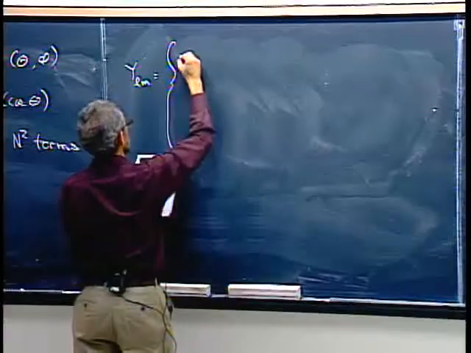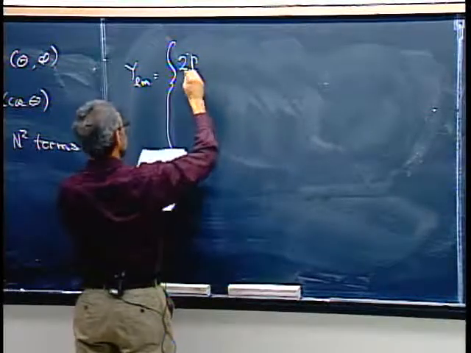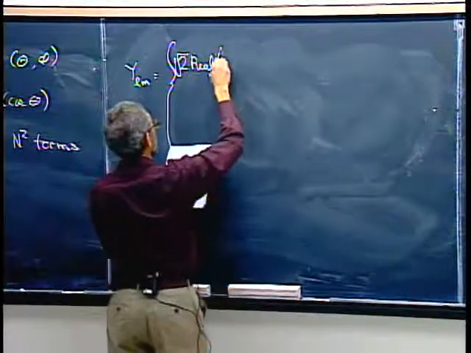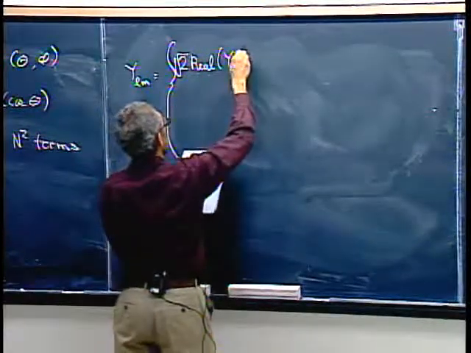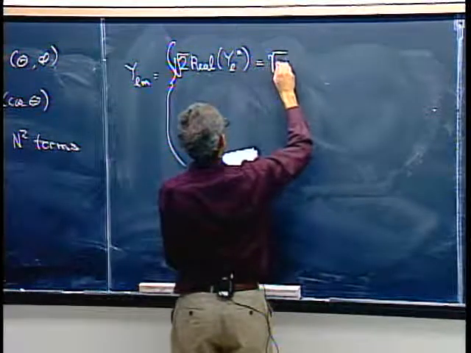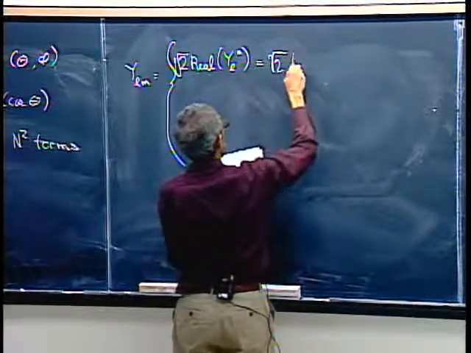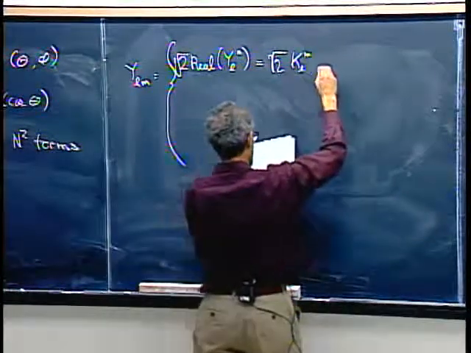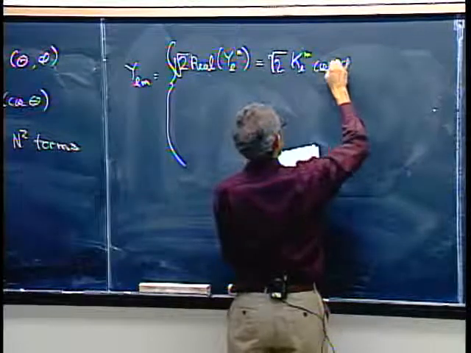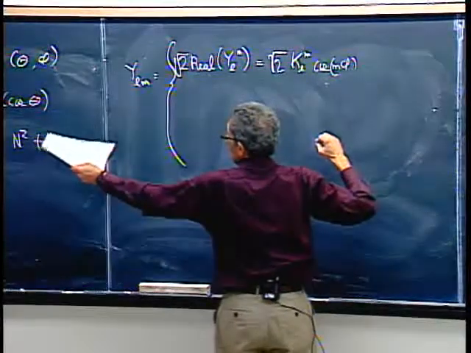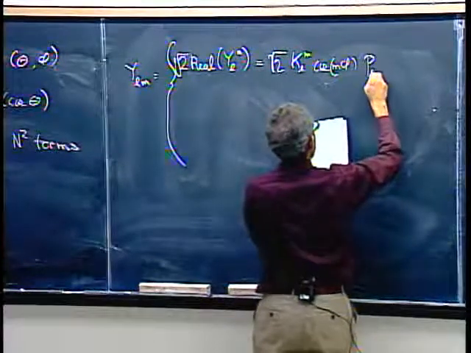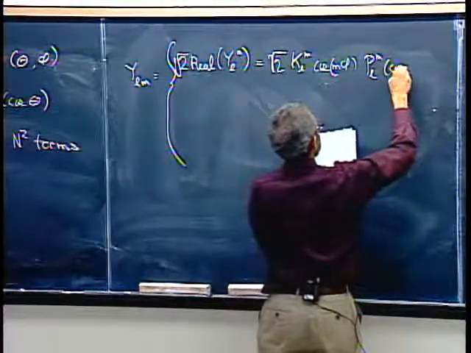That's going to be twice the square root of 2 times the real part of Y_lm, which is the square root of 2 times K_lm times cosine m phi, because e to the i m phi is a complex number, and then the polynomial P_lm of cosine theta.